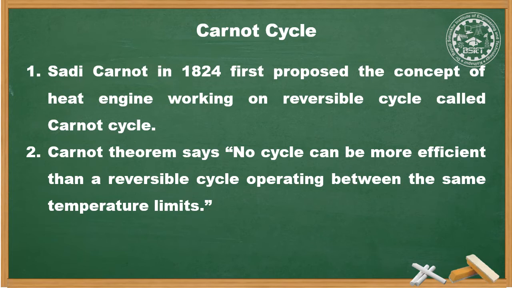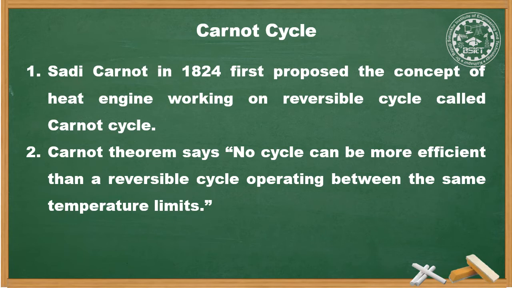Carnot cycle is useful to compare the efficiency of any cycle under consideration with the efficiency of a cycle operating between the same two temperatures. Carnot cycle is basically used to compare the efficiency with the actual working cycle.